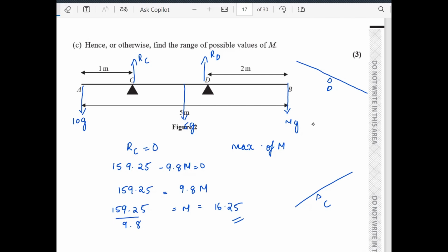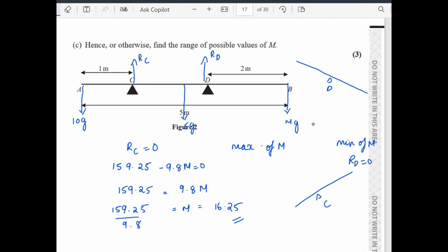There is no support at D. We can say that RD is equal to 0 for the minimum value of m. So once again, the first case was the m value so big that it starts tilting at point D. The support at C is no more there. So you equate RC to 0 to get the maximum value of m.